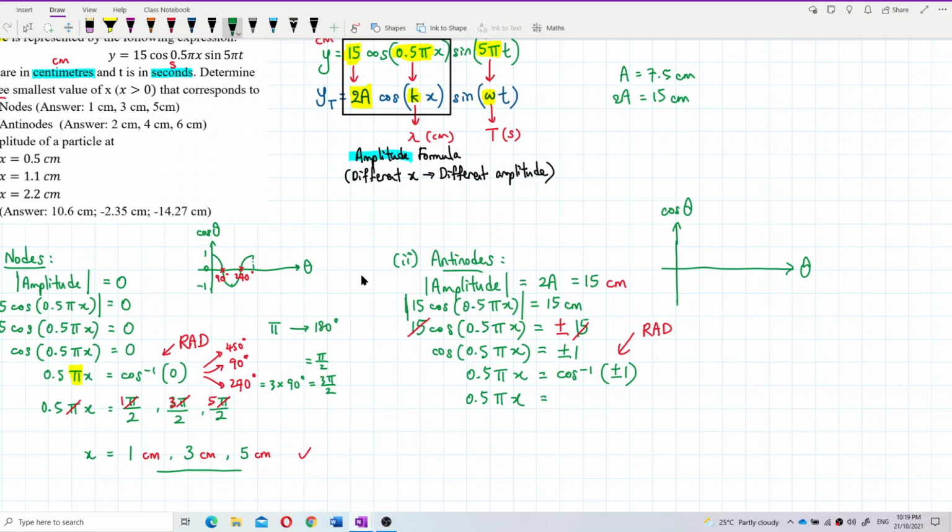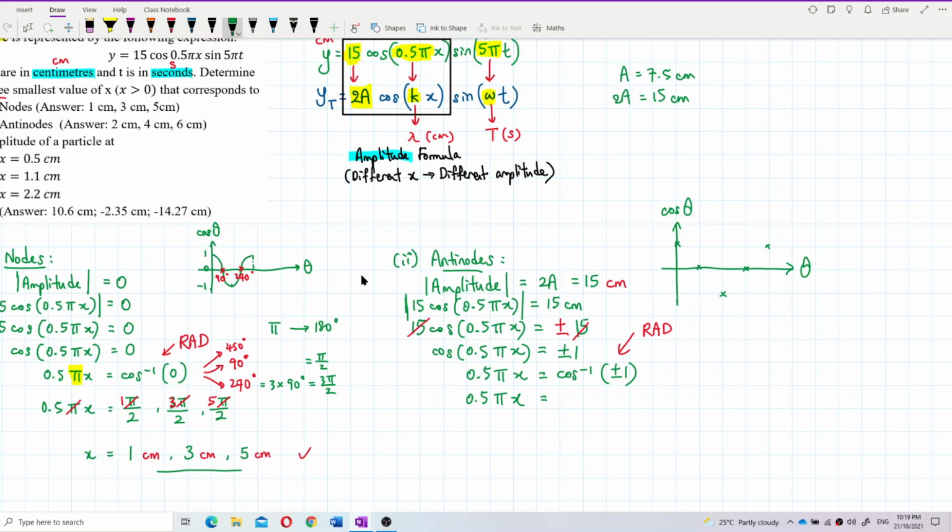Cosine theta. Okay, so now the cosine graph actually starts from the maximum and then goes like that. Yeah, so like that. I like to plot first. Plot and plot and plot.